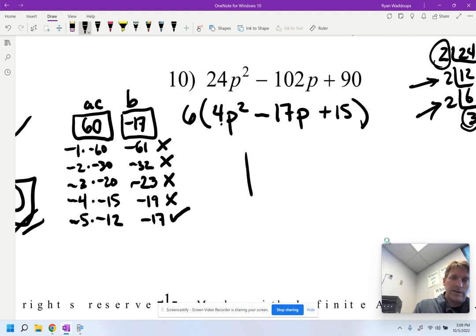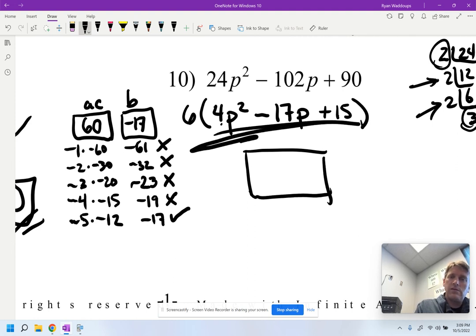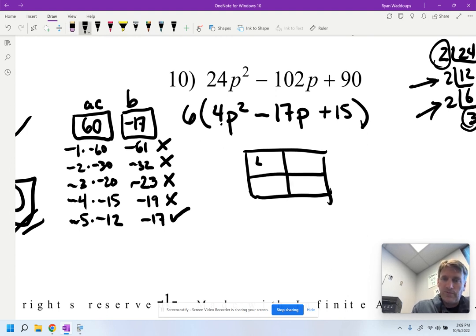So I'm going to go to the box. Again, with the box, I'm only considering that part that's inside the parentheses. So I put 4p squared plus 15, and then I'm going to use negative 5p and negative 12p to go inside the box. 4p squared minus 5p, they both have a p in common.